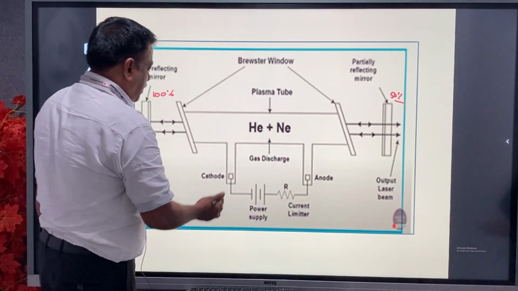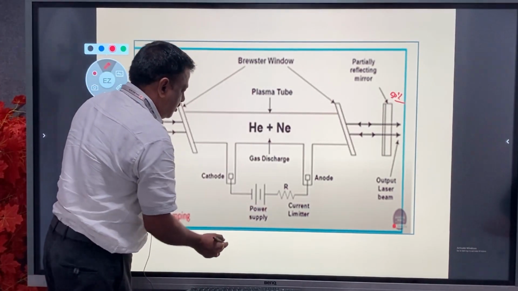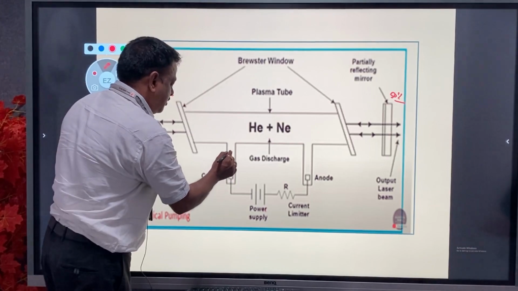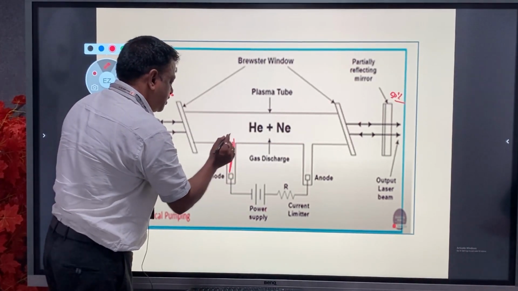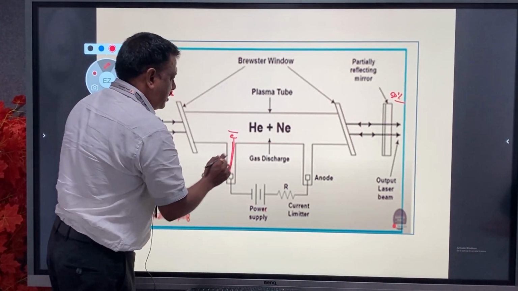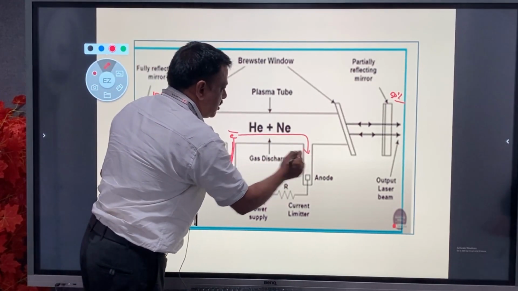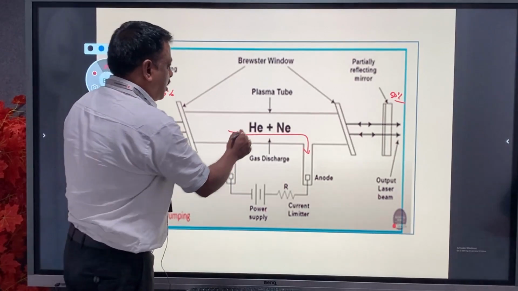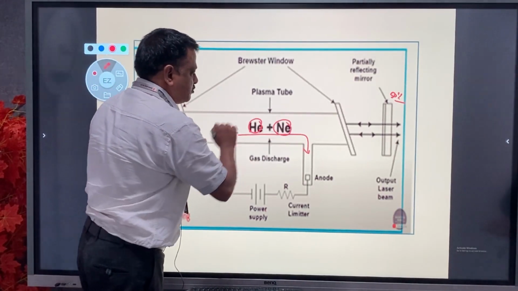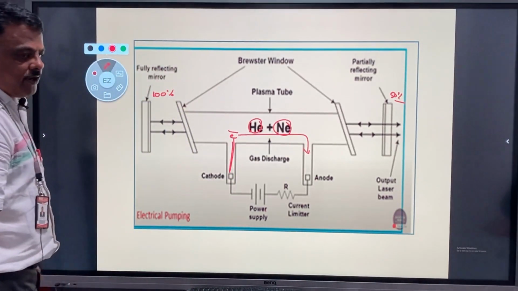Now the working. Let us consider the power supply is on. The electrons are discharged from the cathode and reach the anode. In the course of their journey, they collide with helium or neon atoms.